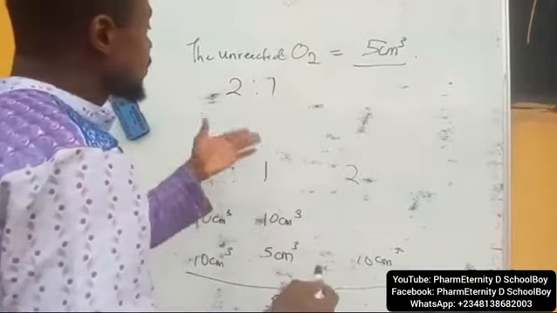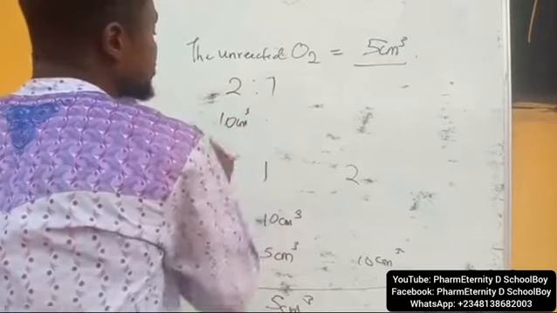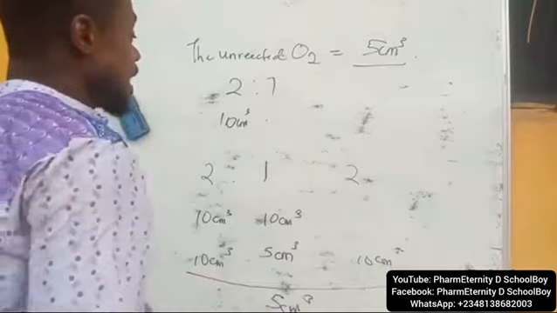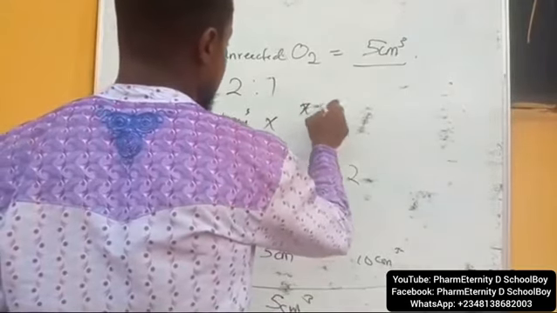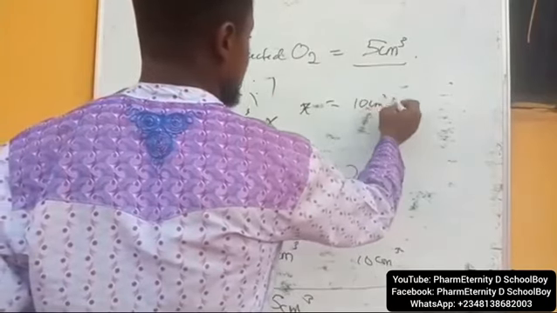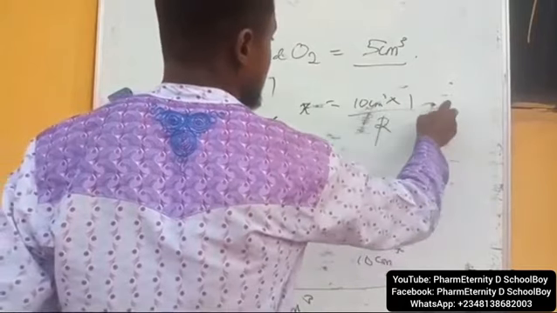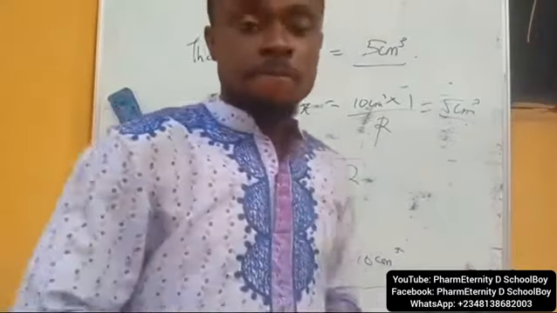So setting up the proportion, if here is 10 cm cube, what will be here? You can cross multiply. Let's call it x. X is equal to 10 cm cube times 1 all over 2, and this gives us 5 cm cube. That is it.